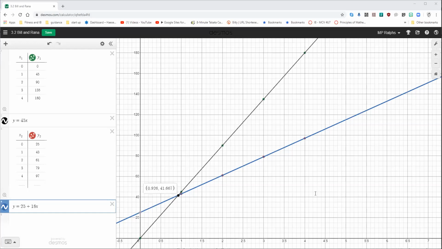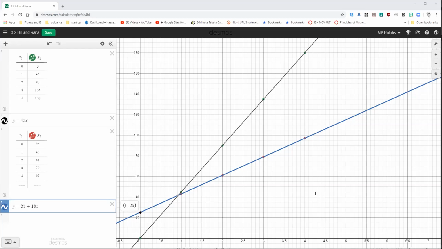Okay, and then if we go one step further and go to the graph, in Bill's graph, his y-intercept, the y-intercept of the graph for the charges of his repair service, is not going through the origin. It has a value different than 0.